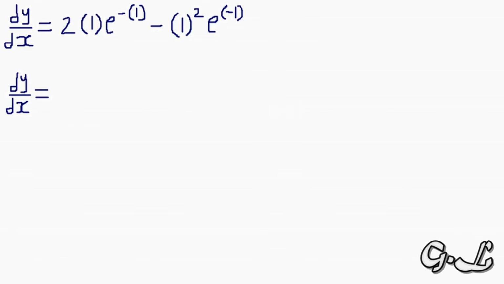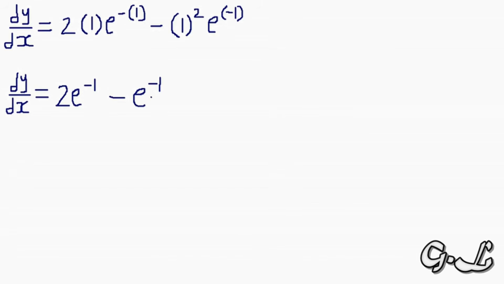When you look at 2e to the negative 1 and negative 1e to the negative 1, these two are like terms. They both have e to the negative 1 in common, meaning that they can be easily added or subtracted.